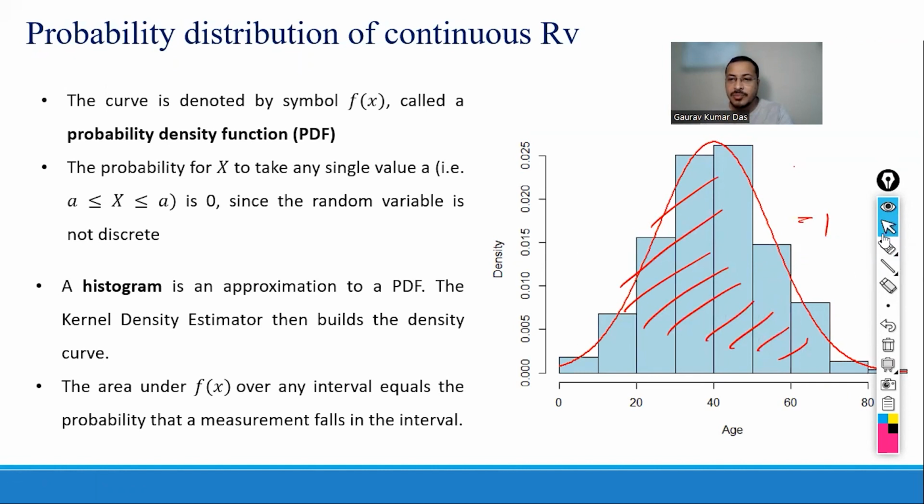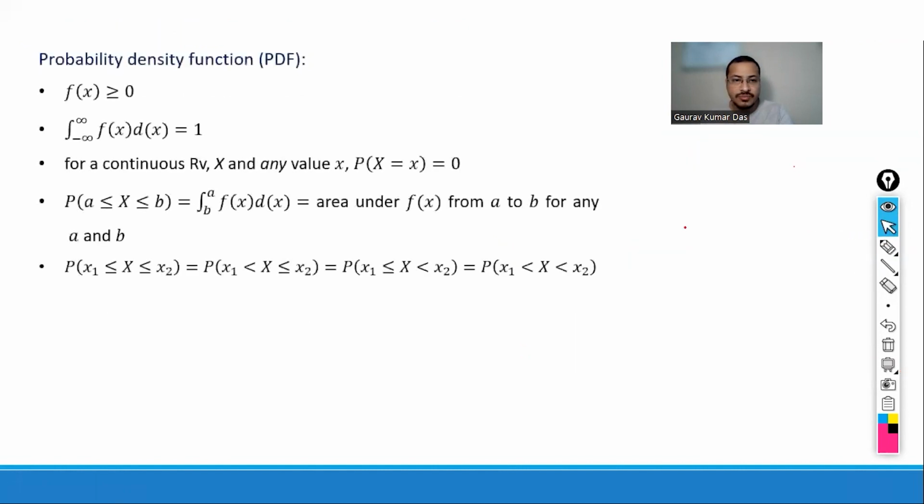That is what it basically means. Here also it is indicated by this. For a continuous random variable x, at any single value, say 2, 3, 4, like that, we cannot capture the probabilities of individual values. The probability will always be 0.